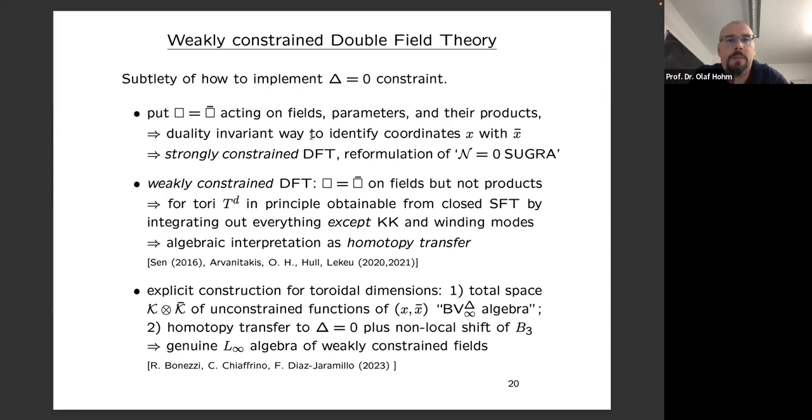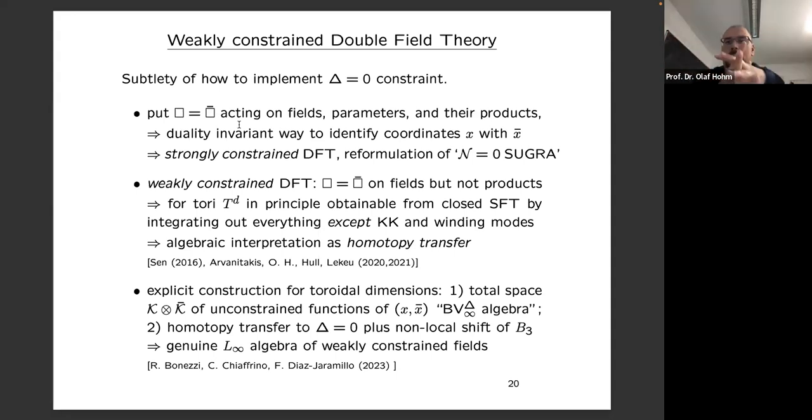And that effectively means that I just identify the coordinates x and x bar. So if the coordinates x are the same as x bar, then of course box is equal to box bar. And I've gone back to the d-dimensional space. So initially, if I have a Yang-Mills theory in d dimensions and I have two copies, k and k bar, then I tensor, and I get something in 2D dimensional space.